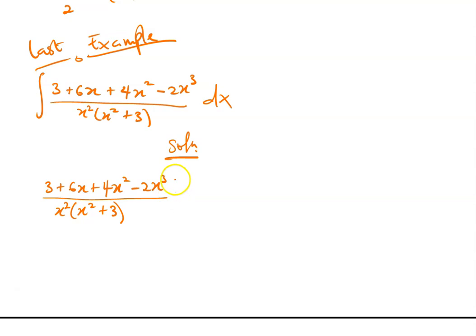Let me verify again. We have 3 plus 6x plus 4x squared minus 2x cubed, all divided by x squared into brackets x squared plus 3.